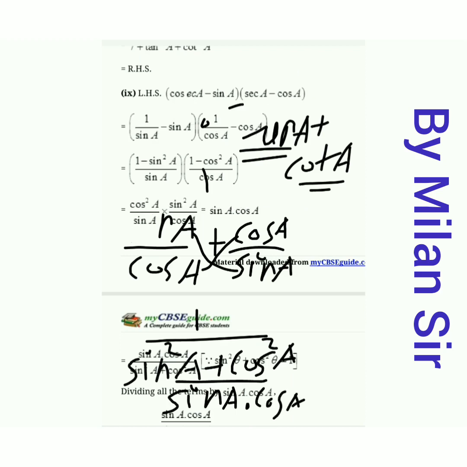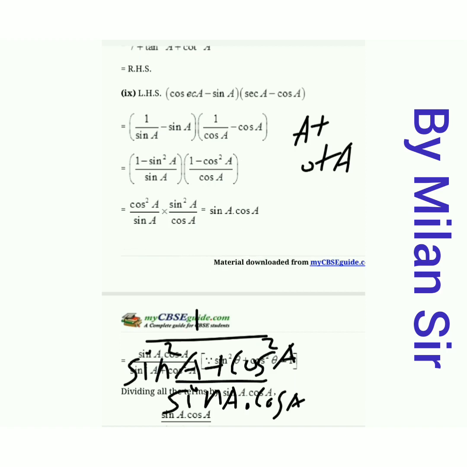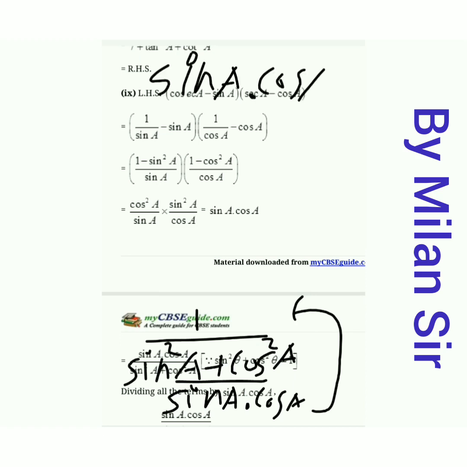Right? Now in the denominator, first of all, the denominator transfers to the numerator. That means this sin a into cos a goes in the numerator and multiplies with 1. So it's sin a into cos a. Then in the denominator, sin square a plus cos square a is an identity equal to 1, so divide by 1.